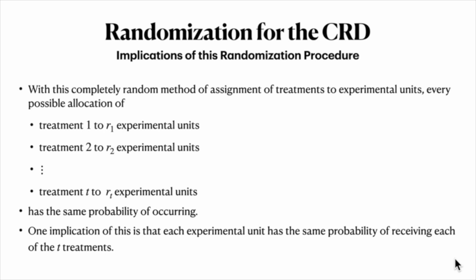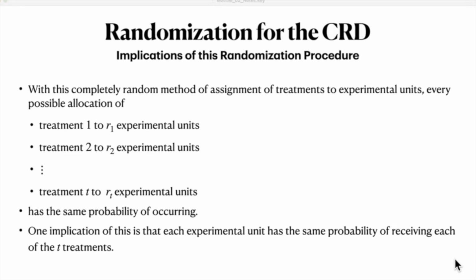It's those kinds of things that we'll need to be thinking about and considering when we are doing experiments, planning experiments, analyzing the data from experiments that have already been conducted, and so forth.